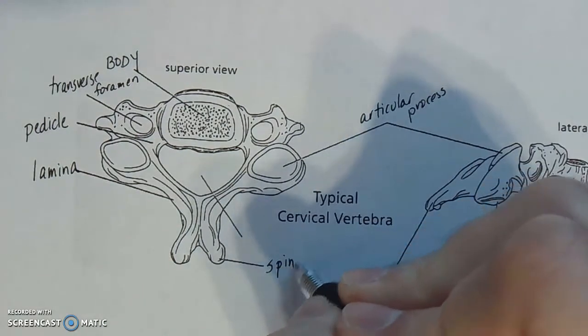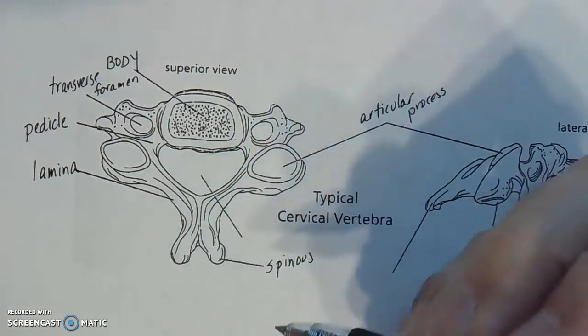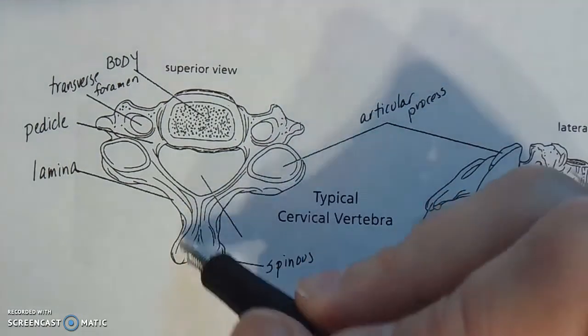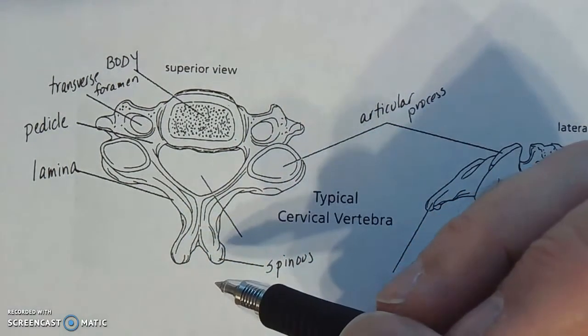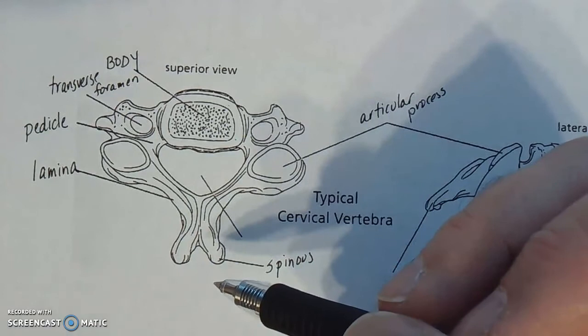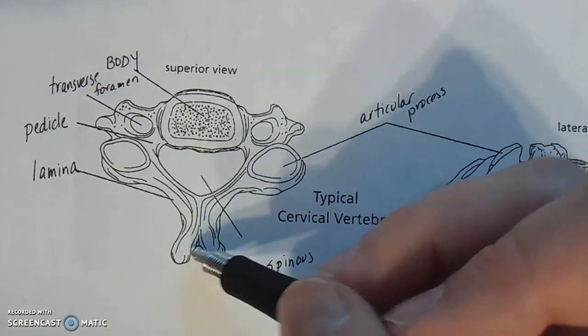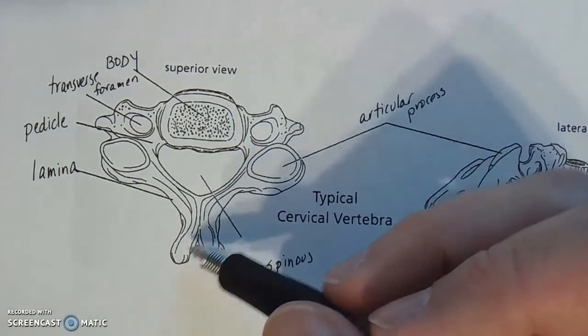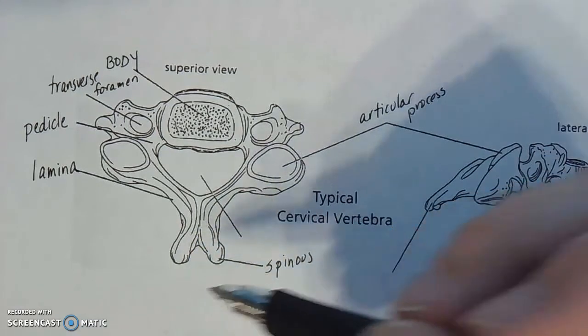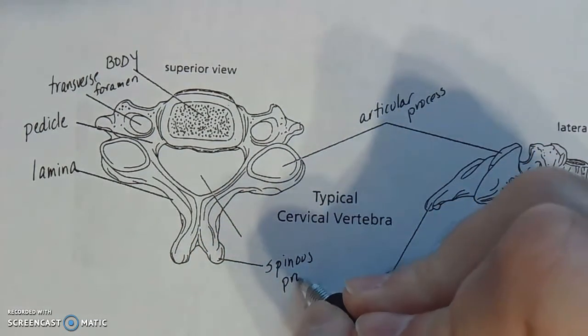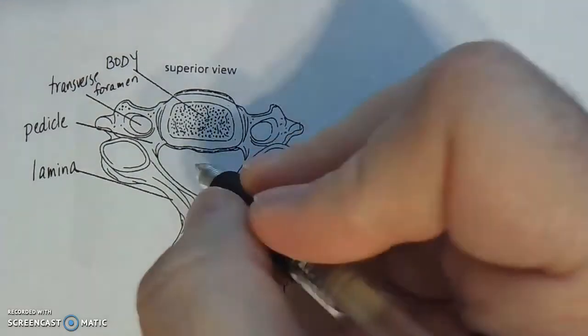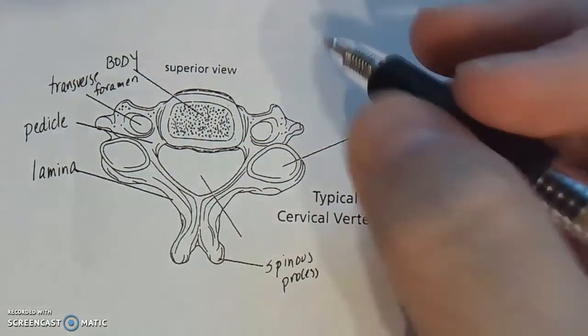So this is actually the posterior of this, and this is what we feel sticking out when we bend our neck, and that is going to continue the whole way down the spine. And then we have a large opening here.